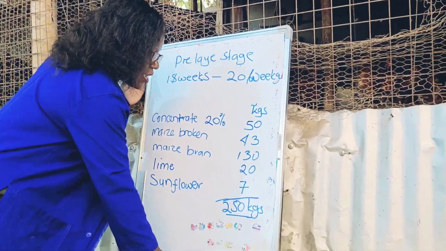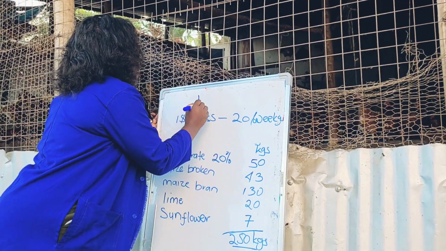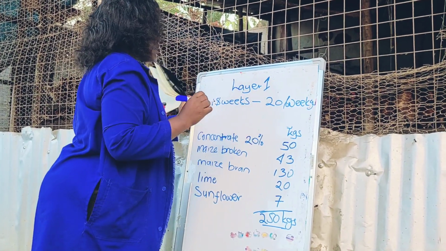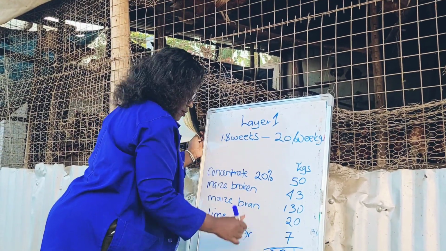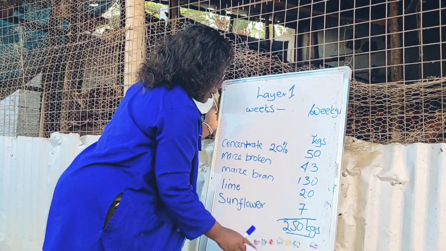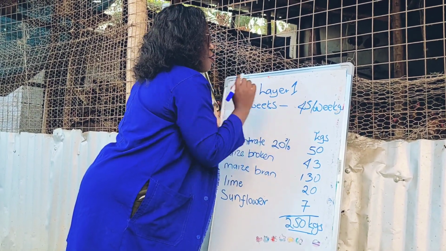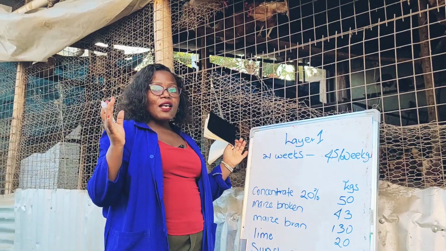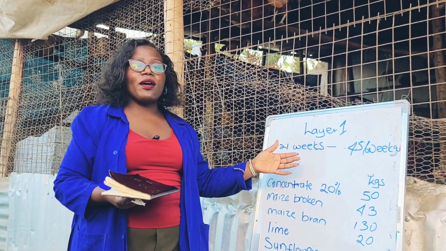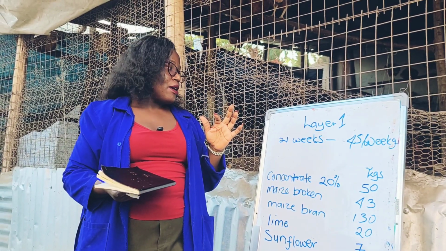So now from this stage, we go to the layer stage. Layer 1 stage, and this is from 21 weeks up to 45 weeks. And as we said in our previous videos, you're supposed to change to this formula when your birds have laid 5% of production.